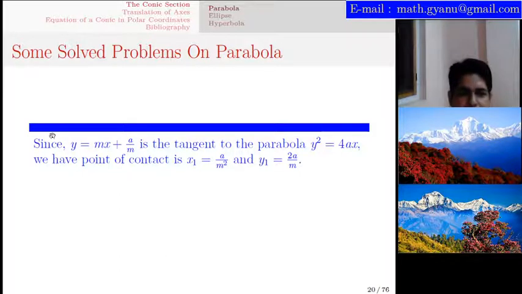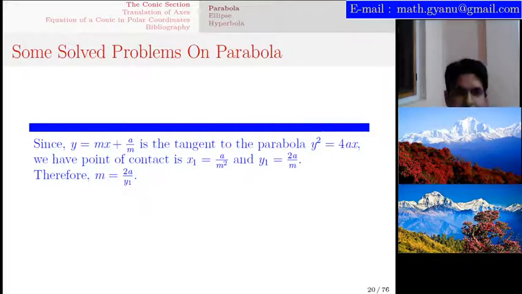Simply when you solve these two equations, you will find the value of x is a by m square and y is 2a by m. So assume these two values are x1 and y1. So we have to derive the equation of tangent at the point x1, y1.